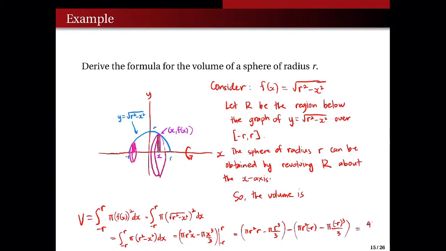You will get 4 pi r cubed over 3. Okay? Questions?